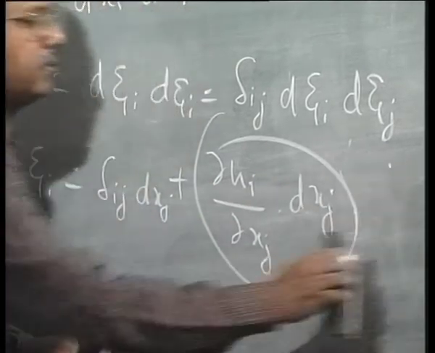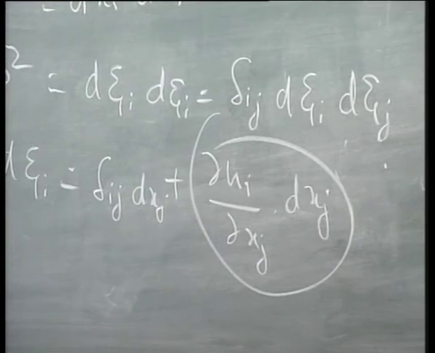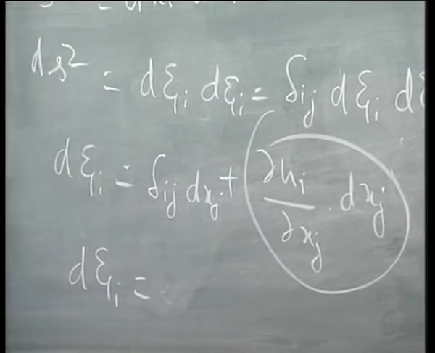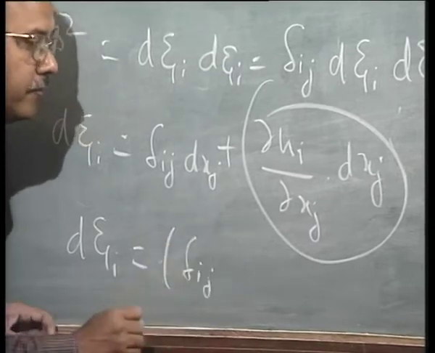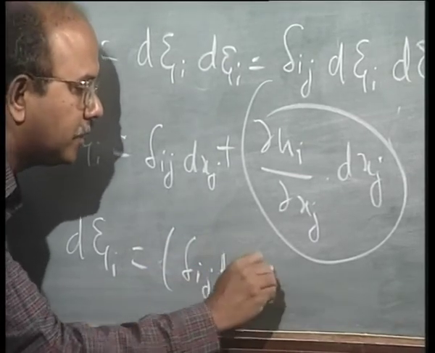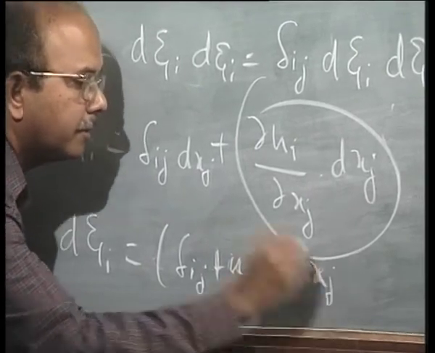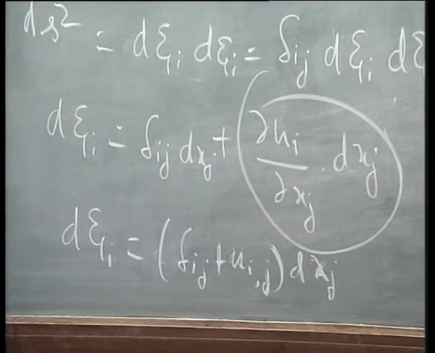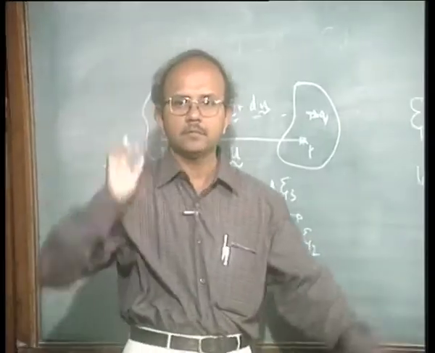So, I write d psi I, that is equal to delta ij plus ui comma j dxj. Right? Is that clear? Any questions?